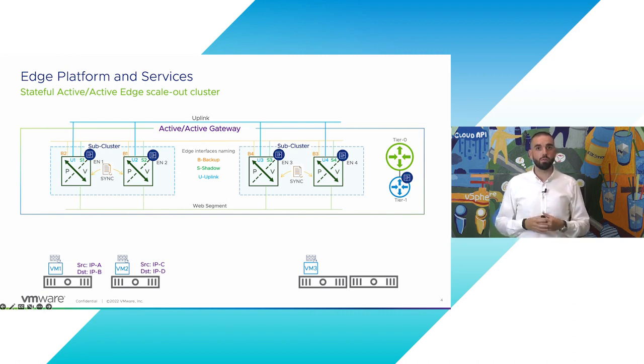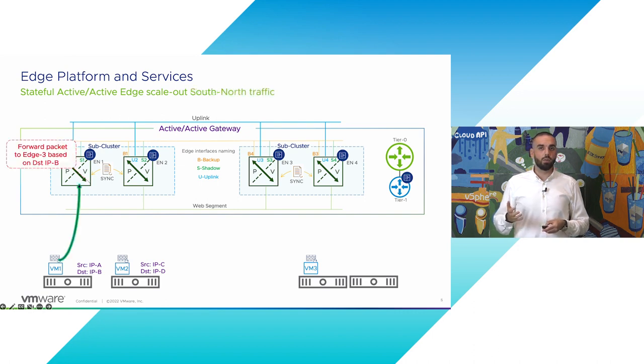On the diagram, we are also seeing other new terms which are introduced in stateful active: a backup interface and a shadow interface. You do not need to take any additional configuration steps to define those backup and shadow interfaces. An important element of the configuration of stateful active is that when you're creating your uplinks or service interfaces, you need to place them in the interface group.